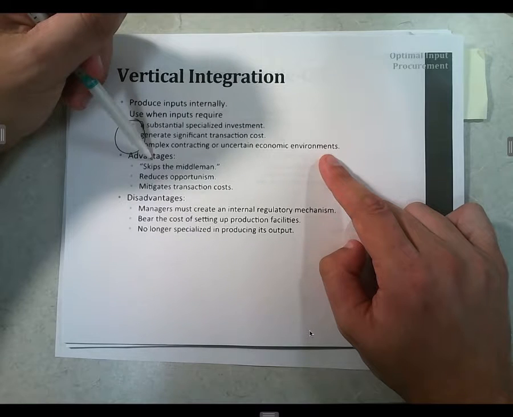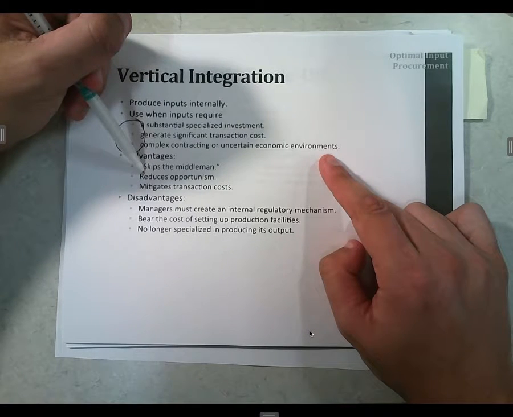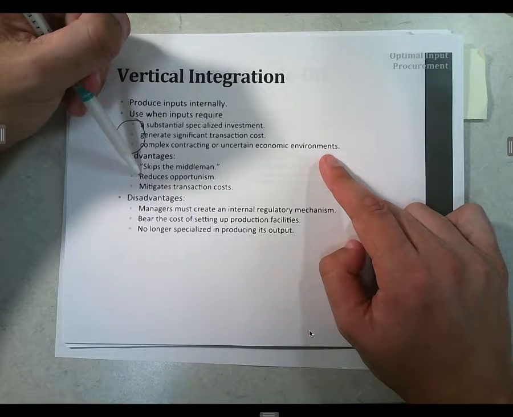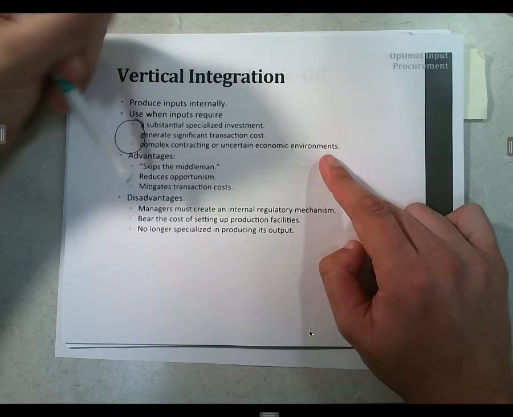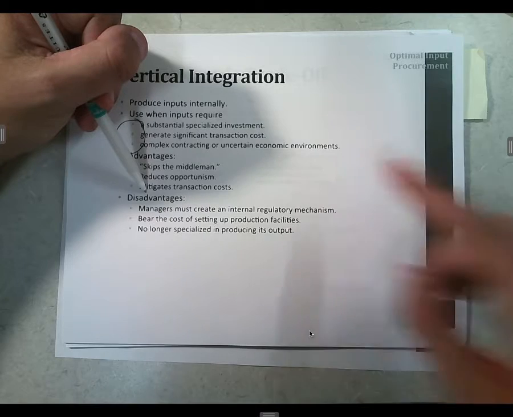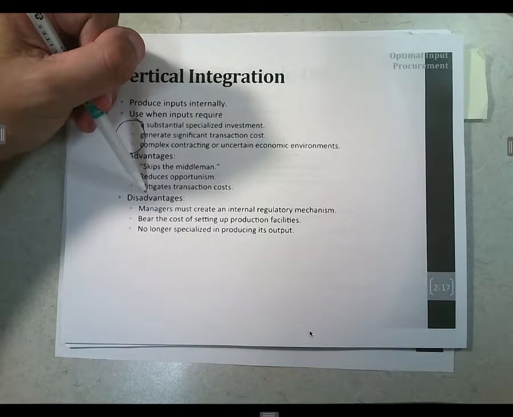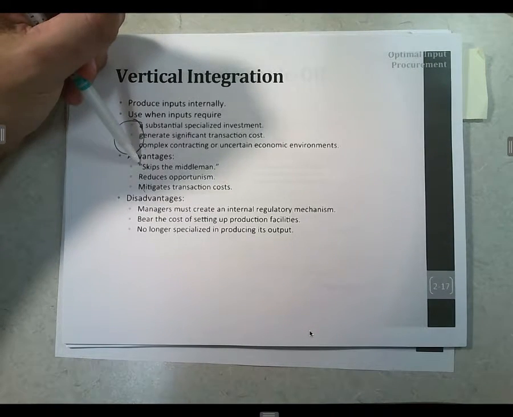The advantage of it is primarily that you are your own supplier, so you can't really unfairly gain from yourself. So you're not going to have any opportunism. There's not going to be any transaction costs because the transaction costs are going to be incredibly low. All that you're doing there is just calling up another division of your firm and having more inputs brought over. You don't have to do all those negotiations.